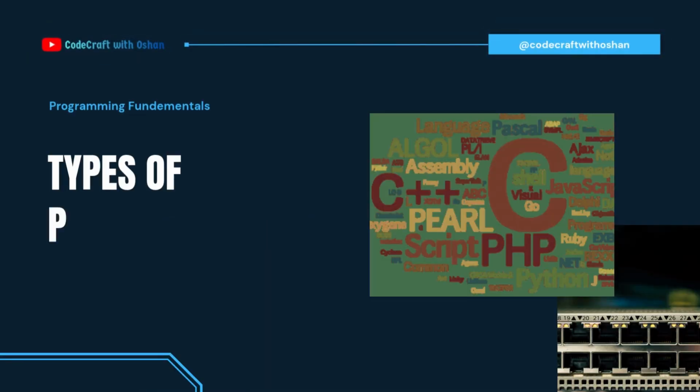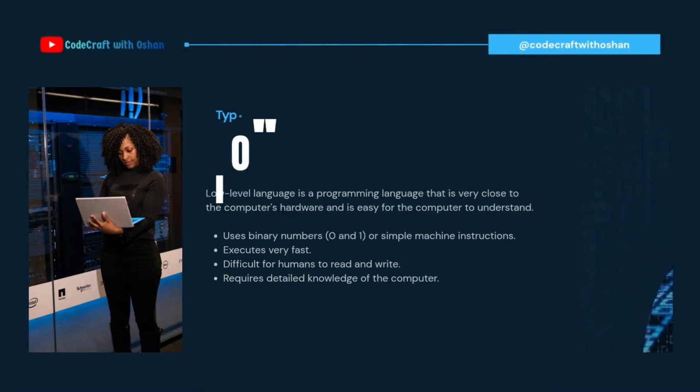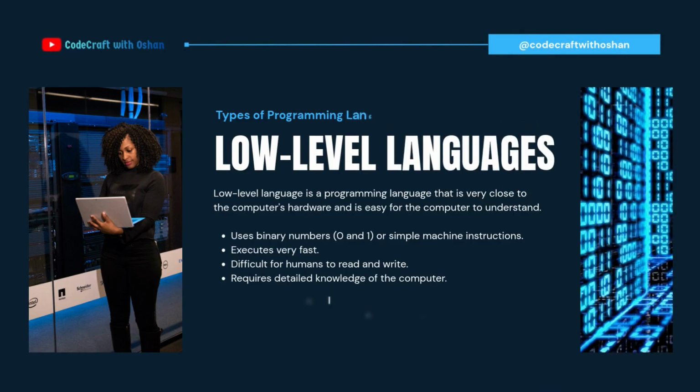Programming languages can be divided into two main categories. The first is low level languages. Let's talk about it. Low level languages are very close to the computer's hardware. Because they are close to the hardware, the computer can understand them easily and execute them very quickly. However, they are difficult for humans to read and write.